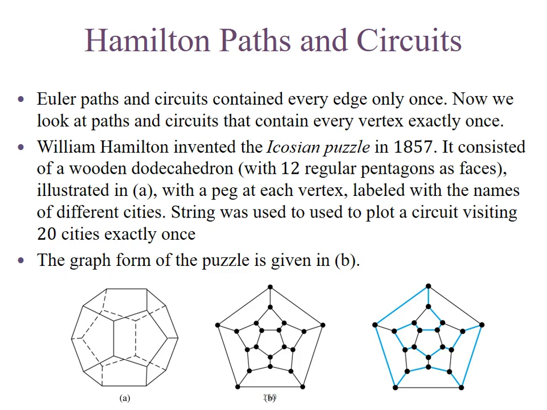You have the first pentagon and the pentagon next to it, and you make the first pentagon the largest one, then press the wooden ball onto the surface. This is the first planar representation we have seen in this chapter. We call this the icosian puzzle. Very good.